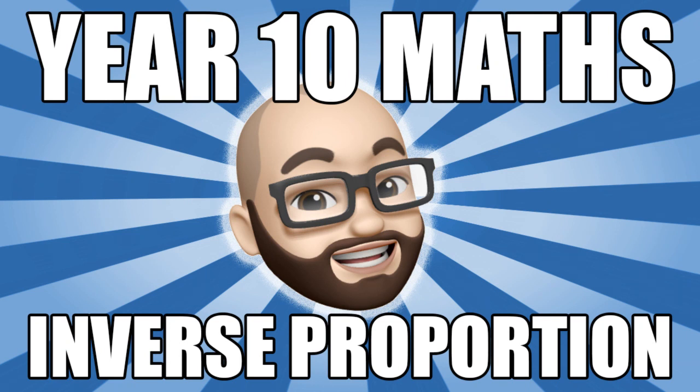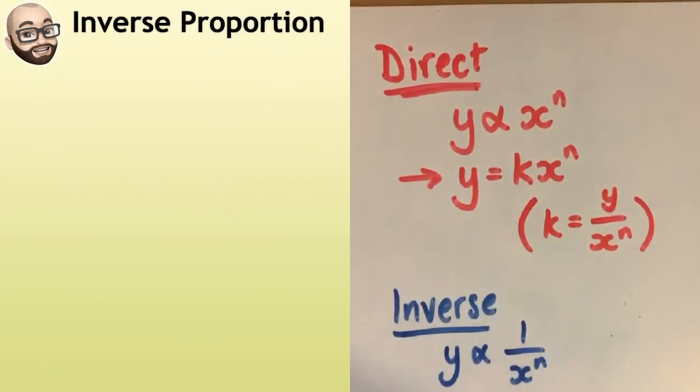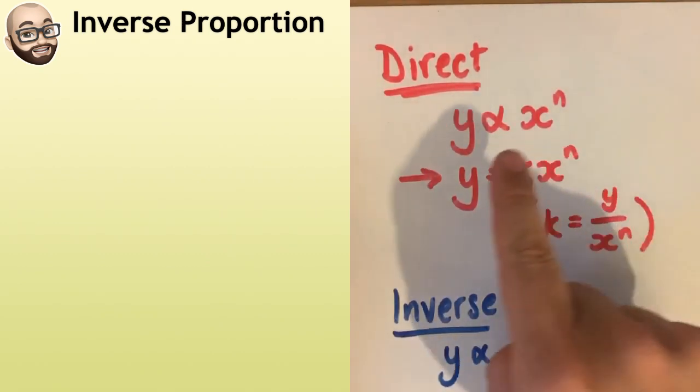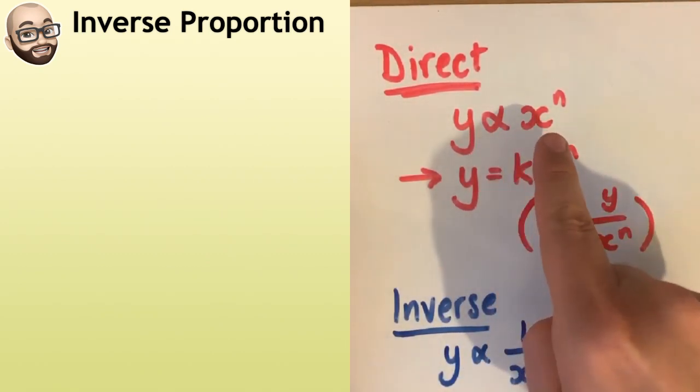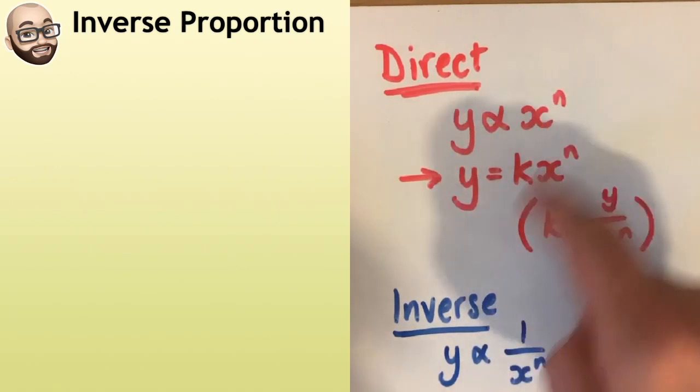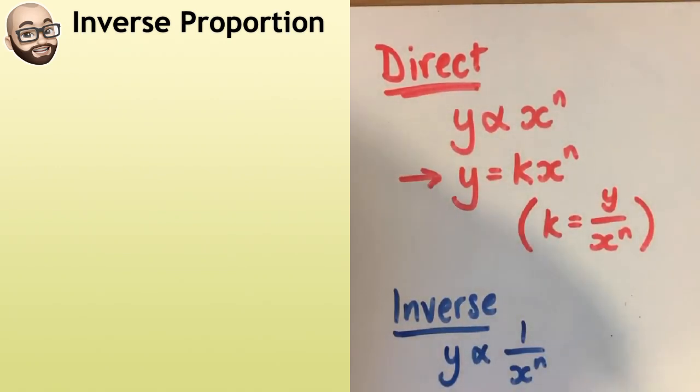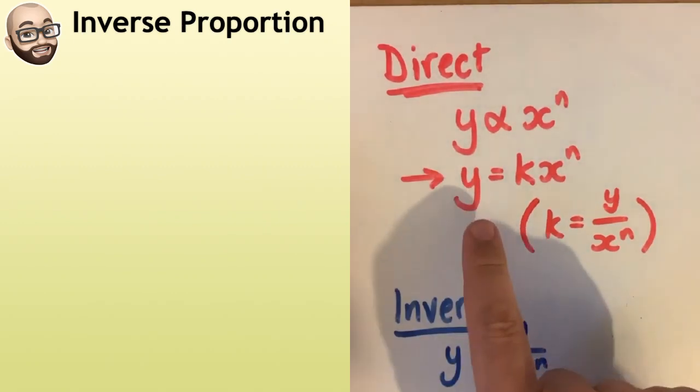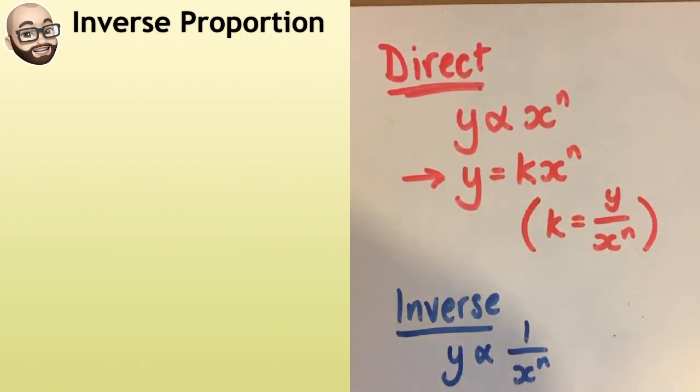Now that links into what we did last lesson in a nice little way. So on screen now, this is what we did last lesson. This was the direct proportion stuff. We said if y is proportional to x, or x to the power of n, it doesn't matter if there's a power involved or not, we could write it as a formula, which was y equals kx to the n, or we could rewrite it as k equals y over x to the power n.